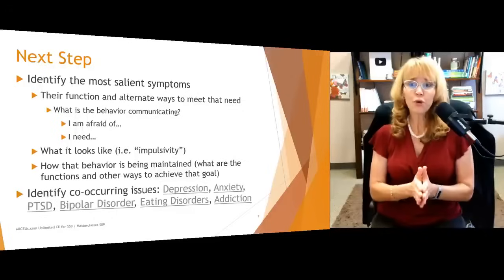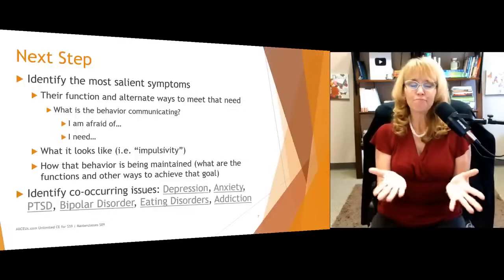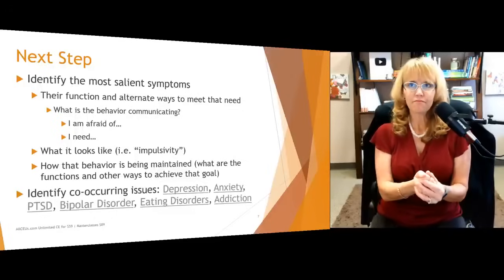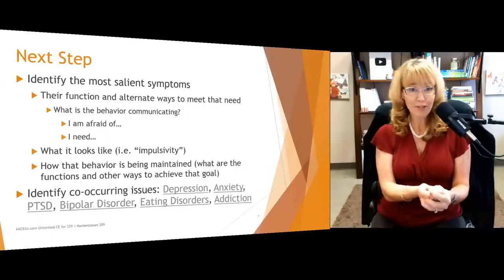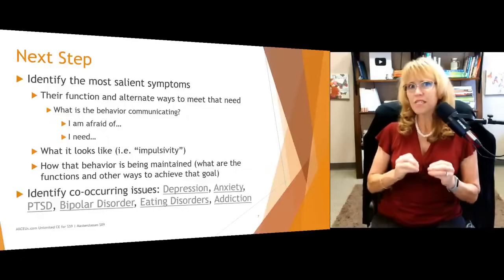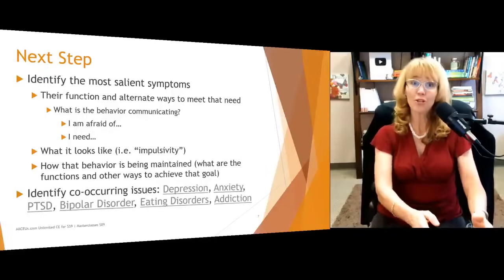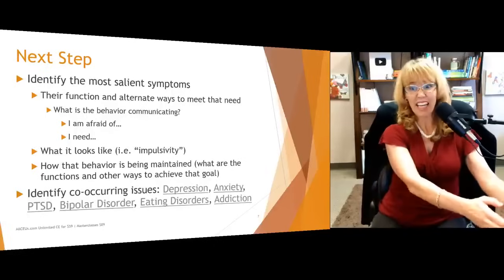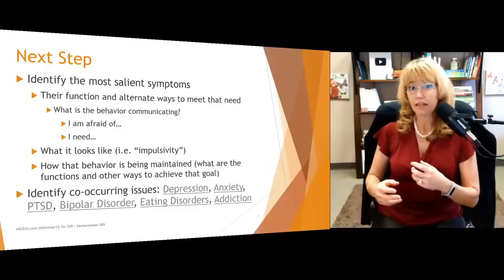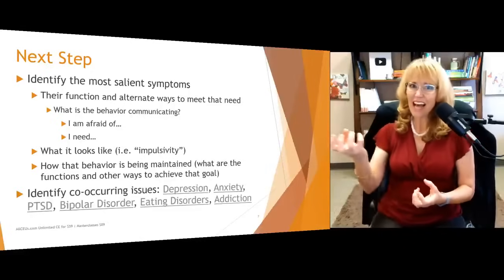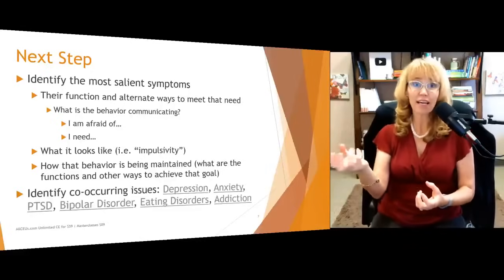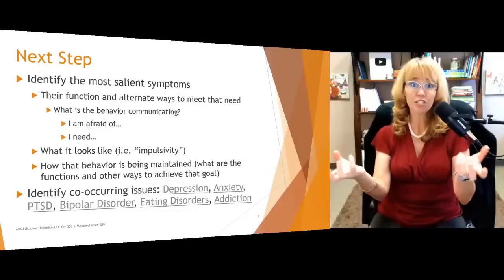Now, bipolar disorder has a neurological component to it, but it's important to differentially diagnose and make sure the person actually has bipolar and not depression and anxiety, because sometimes their anxiety can look like mania or hypomania, and their depression looks like depression.